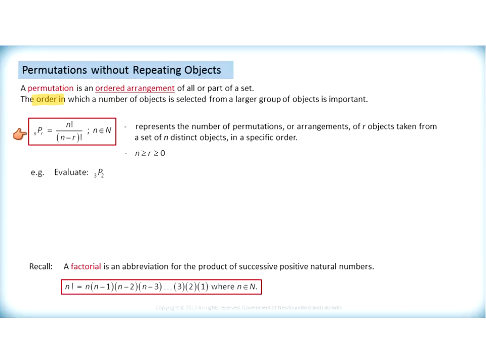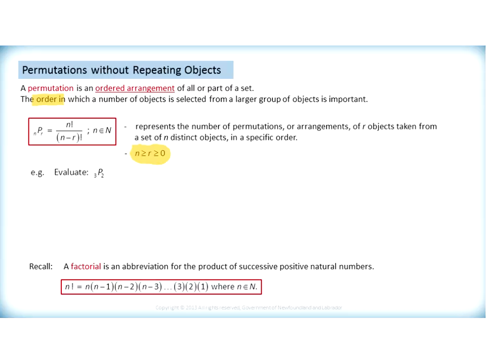The n permute r represents the number of permutations or arrangements of r objects taken from a set of n distinct objects in a specific order. It is also important to note that n has to be greater than or equal to r, which has to be greater than or equal to 0.